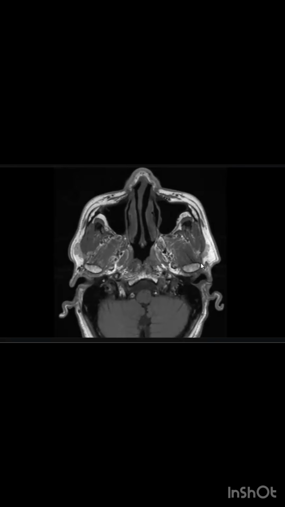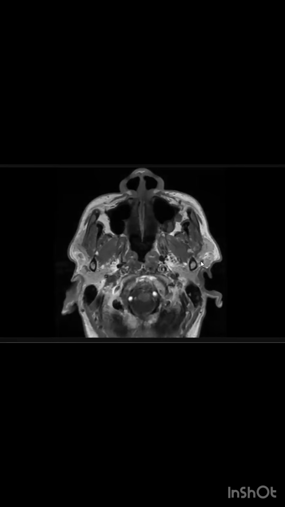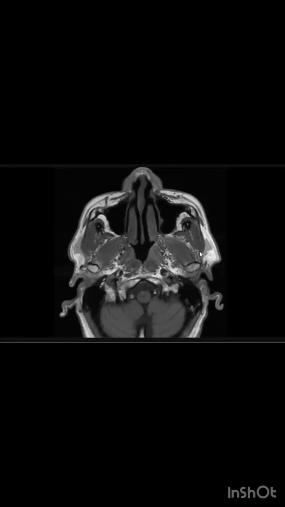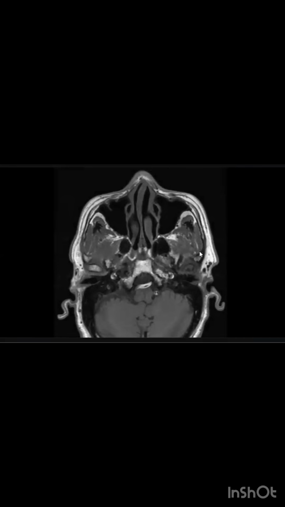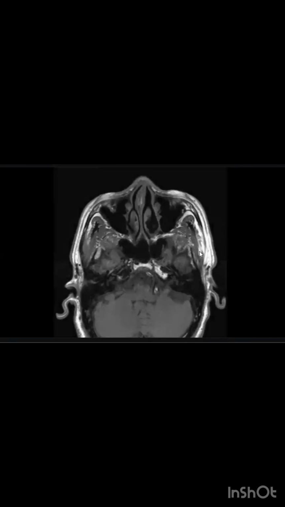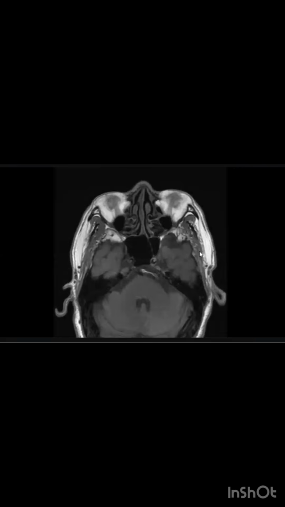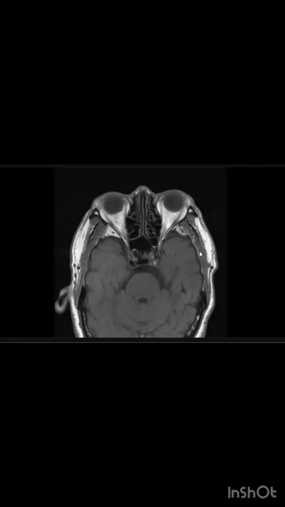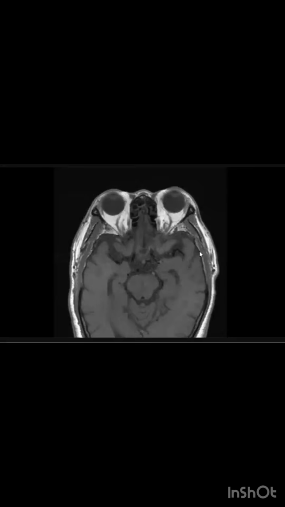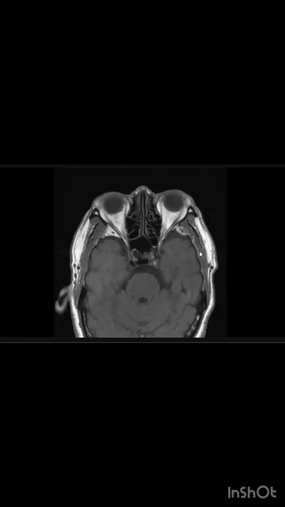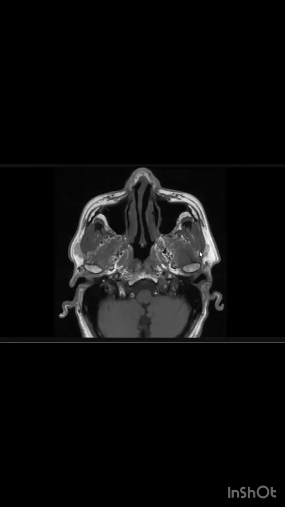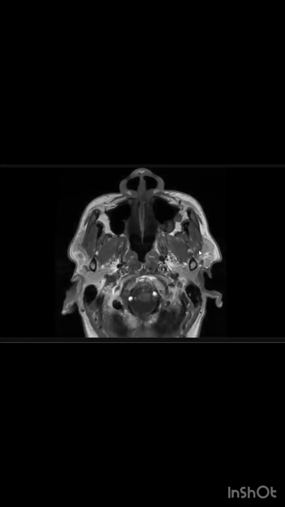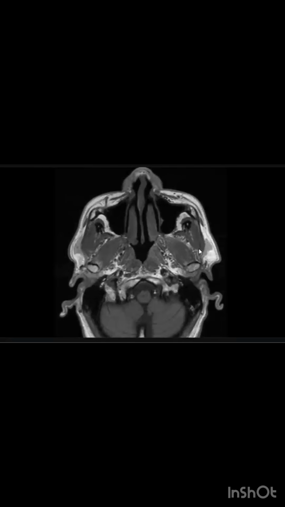I can appreciate that there appears to be hyperintense signal in the region of the right internal carotid artery. I'm just trying to trace it towards the skull base, where there appears to be some semi-circumferential hyperintensity.